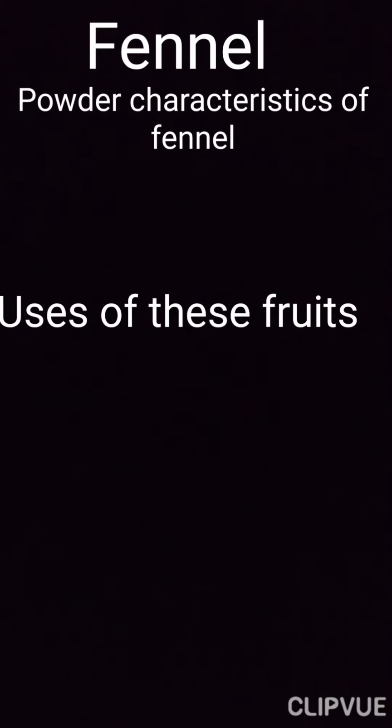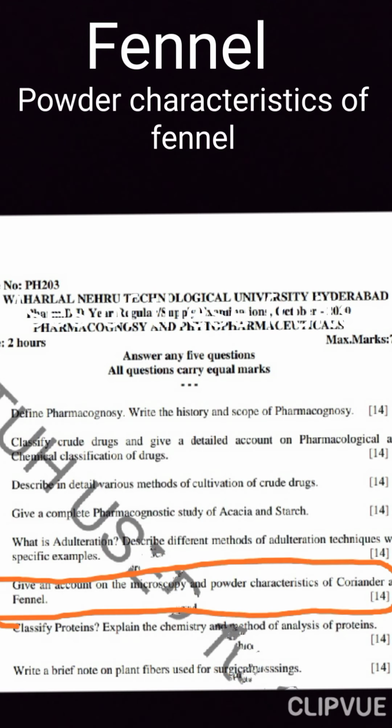Since the question is to give an account on microscopy and powder characteristics of coriander and fennel, instead of writing many other things like geographical source and chemical constituents, you have to focus on the transverse section of fennel and coriander and the powder characteristics of fennel and coriander. Thank you.